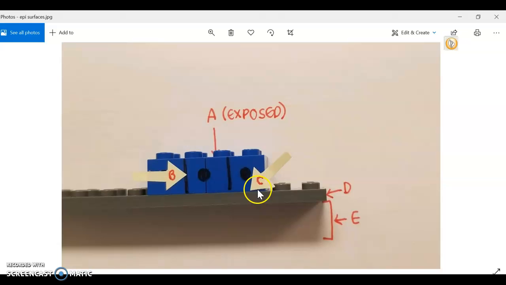And then finally, letter C is pointing to what's on the bottom in this picture. Now, it isn't always on the bottom. The apical surface isn't always on the top, but sometimes we have to use our detective skills to figure out what's what.